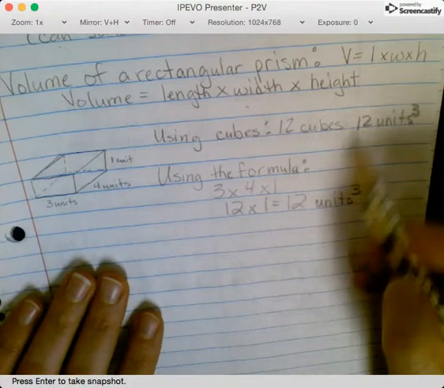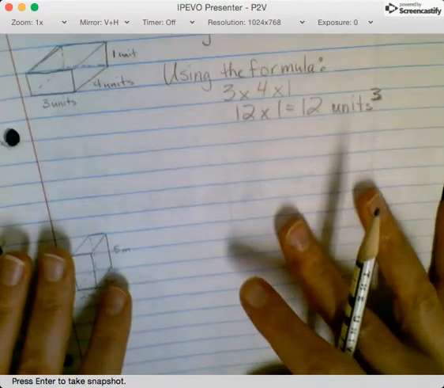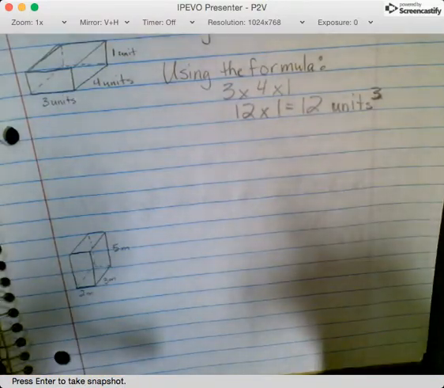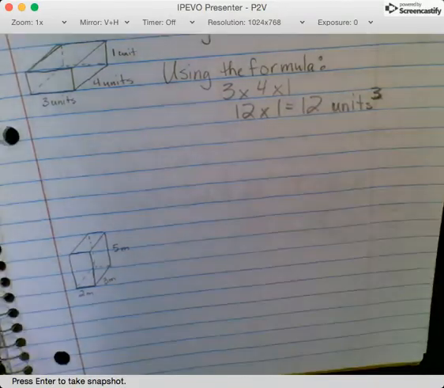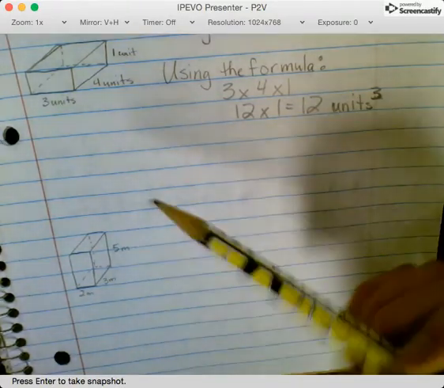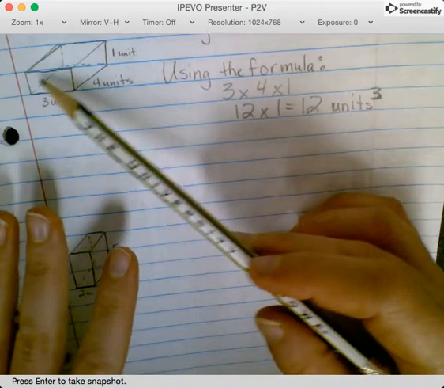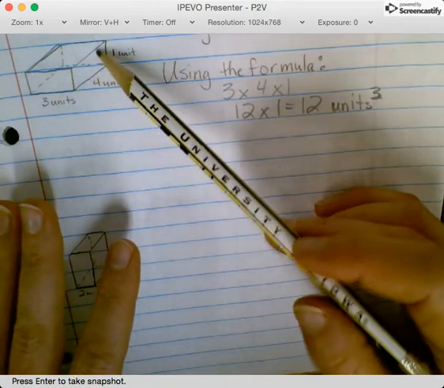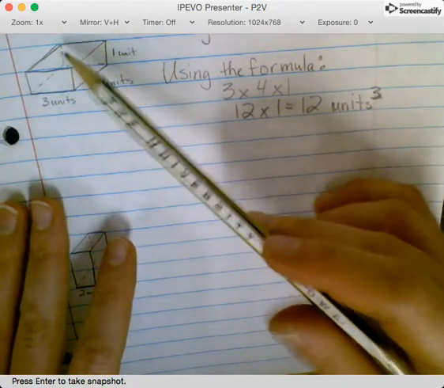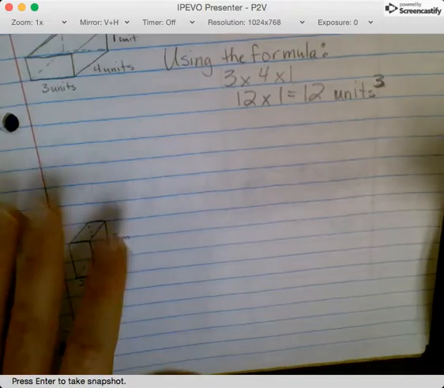So I get the same answer if I multiply as I would if I used blocks. Okay, if you think about way back when you did the arrays, your arrays were multiplying one side times the other. This would be also multiplying by how high it is too.